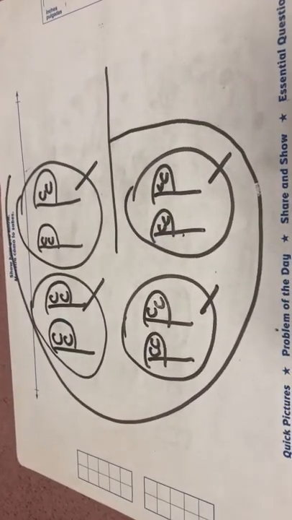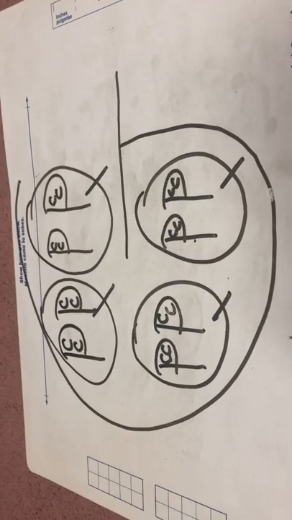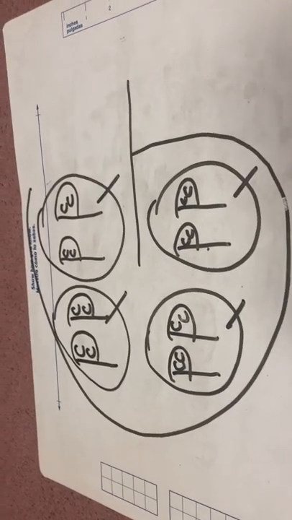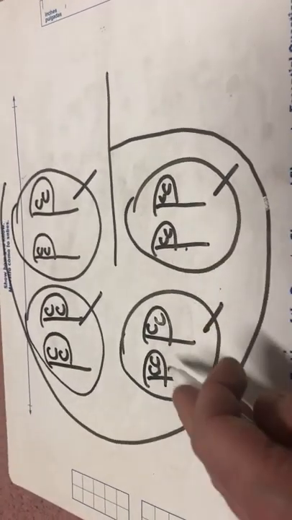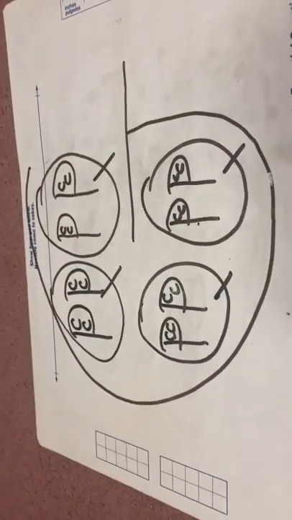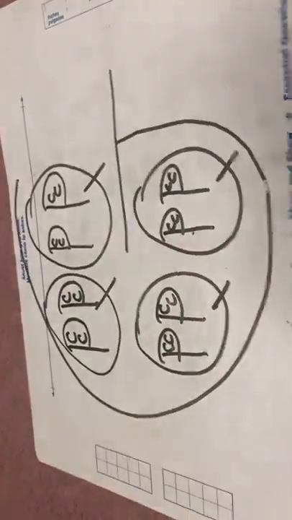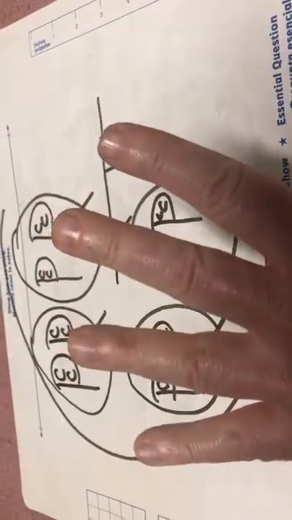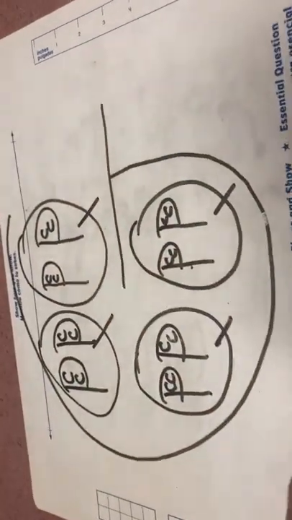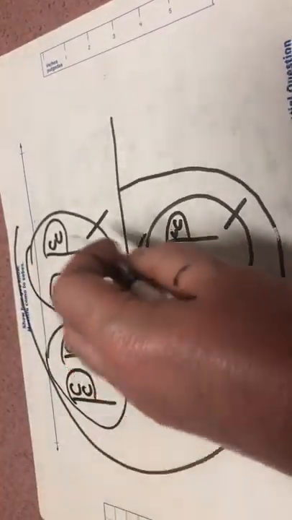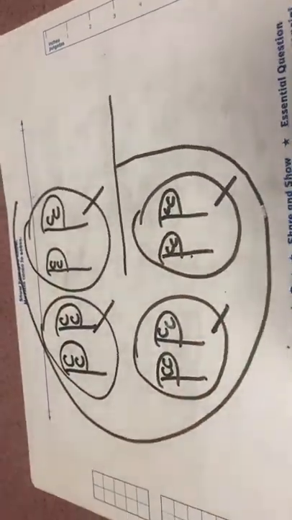So I go to my chart back up here. This is why hopefully you've seen the importance of writing this down. I need to see what the relationship is between quarts and gallons. All right, well, I can see that I have 1, 2, 3, 4 quarts inside of my 1 gallon. So 1, 2, 3, 4 quarts make 1 gallon, because inside my big G, I have 1, 2, 3, 4 quarts.